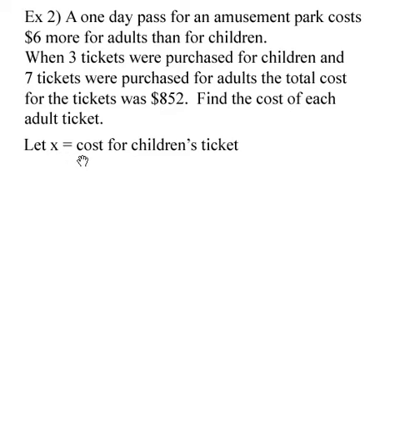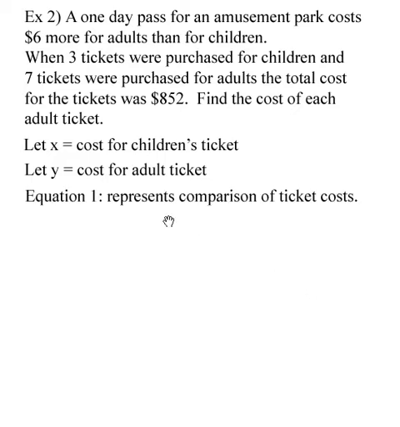Let's let X represent the cost for a children's ticket. Let's let Y represent the cost for an adult ticket. And then we're going to take equation 1 and represent a comparison of the ticket cost, because that's what we're given here. That the adult ticket costs $6 more than children's. So that'll be our first equation.